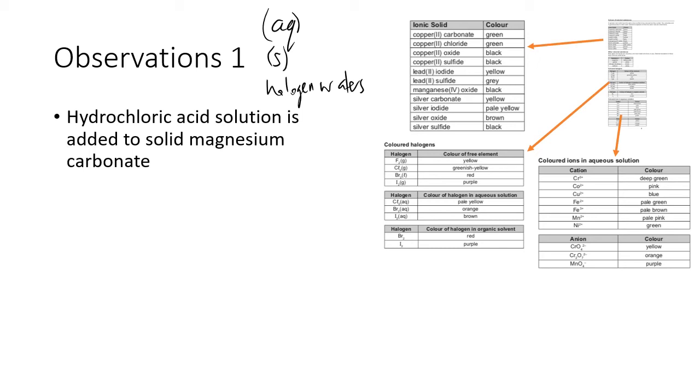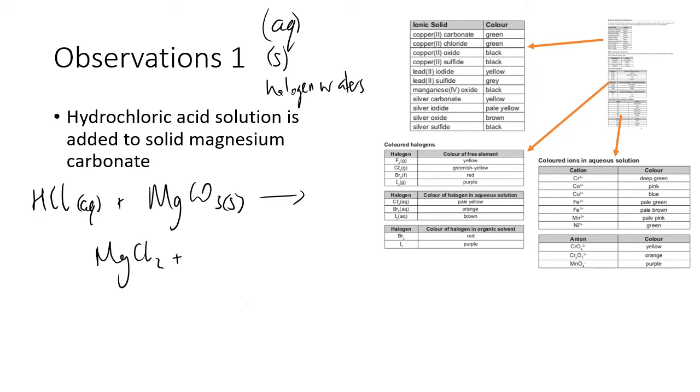Okay, and we'll go through an example for each of those, right? Okay, so hydrochloric acid solution, so HCl (aq) plus solid magnesium carbonate, so MgCO3 solid. Right, those are your two reactants. What does it turn into? It turns into MgCl2 plus H2O liquid plus CO2 gas.